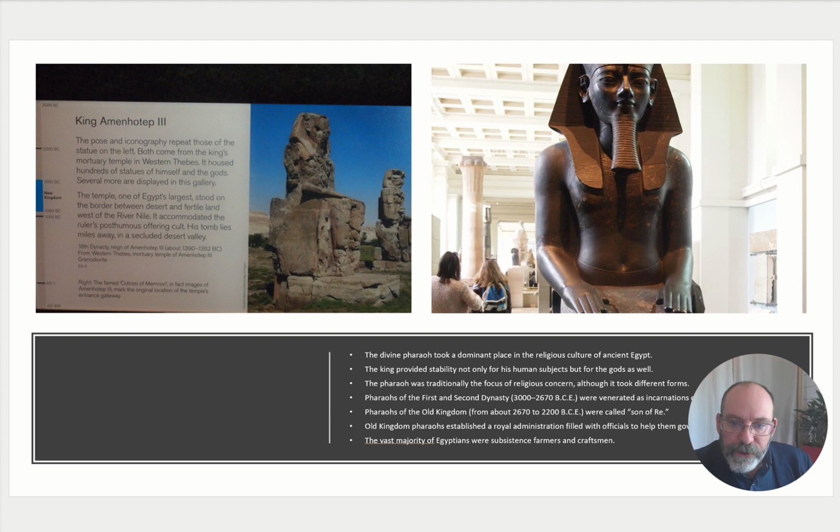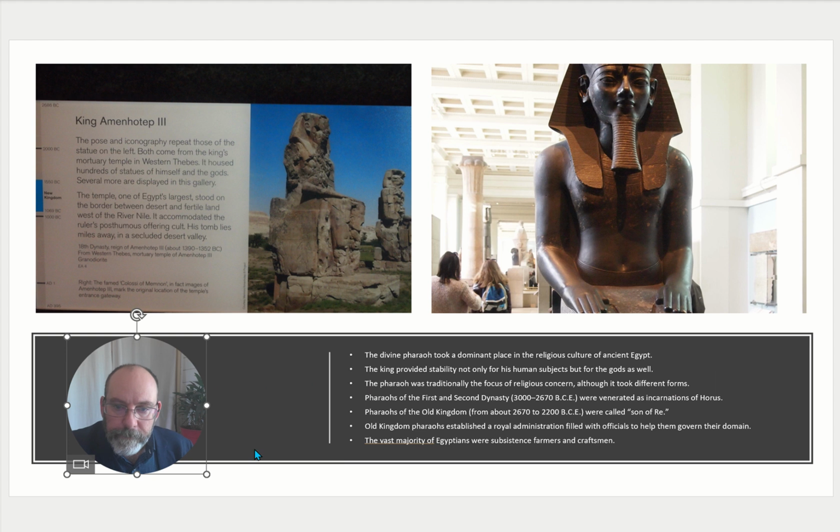The divine Pharaoh took a dominant place in the religious culture of ancient Egypt, so the king provided stability not only for his human subjects, but also for the gods.